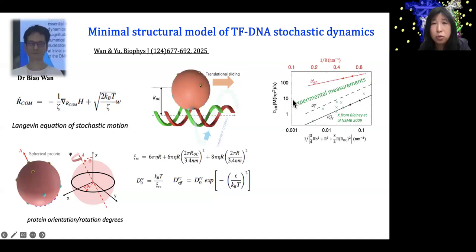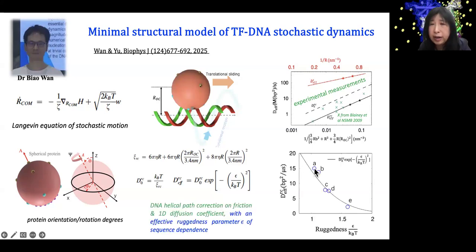Otherwise, it will be 1 to 2 orders of magnitude higher without this helical path consideration. With this treatment, we get effective diffusion coefficients modulated by this ruggedness parameter. So basically, for different sequence segments, you'll see different kinds of ruggedness. So now we have almost the full description of the system.